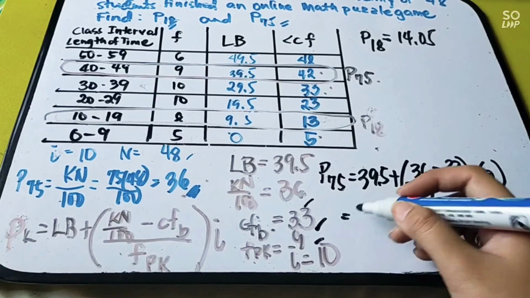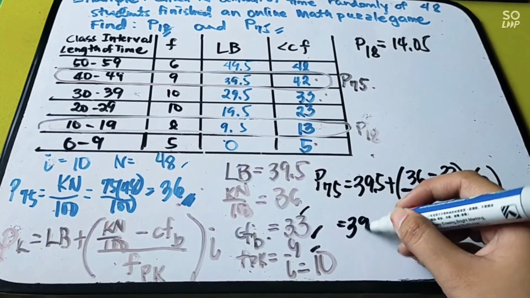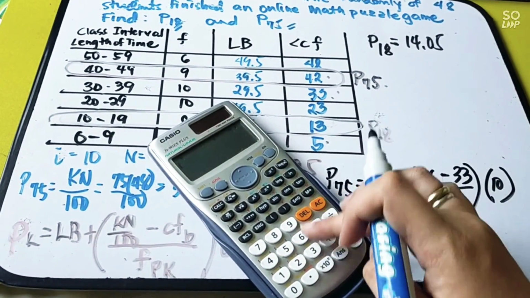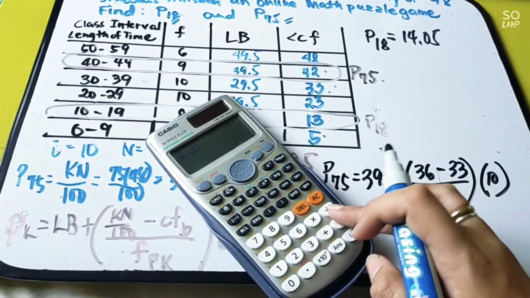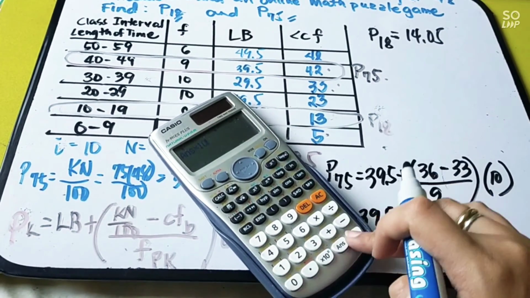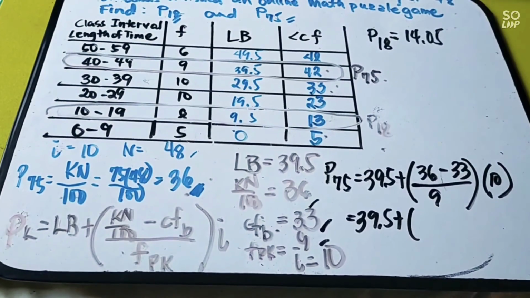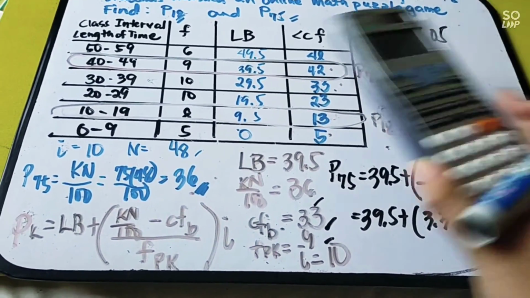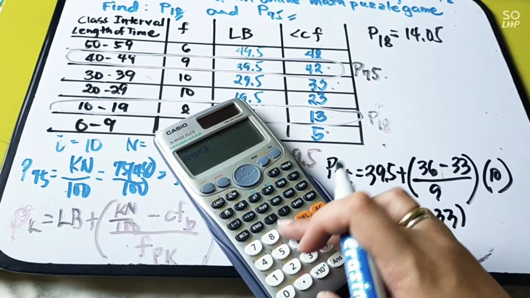Sa umpisa medyo mahirap, pero kapag nasanay na, madali na siya. Okay, 39.5 plus. Then, let us compute. We have here 36 minus 33. Then, divided by 9. Then, times 10. So, the answer here is 3.33. Plus 3.33. Ayan, kahit wala na open and close parenthesis. Then, plus natin si 39.5.